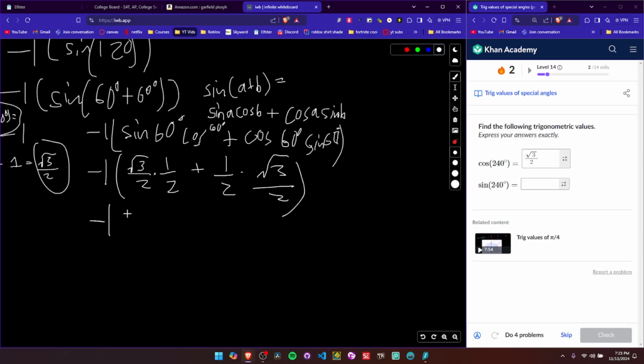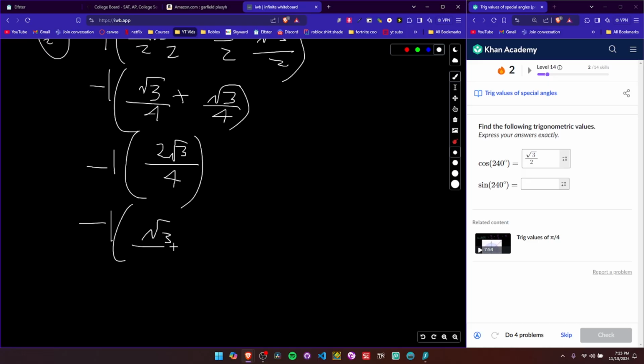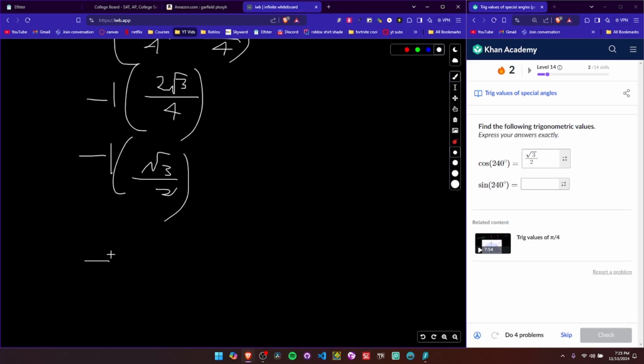So that's going to be root 3 over 4 plus root 3 over 4, which is -1 times 2 root 3 over 4, or -1 times root 3 over 2, which brings us to -root 3 over 2. So that's how you find sine of 240 degrees.